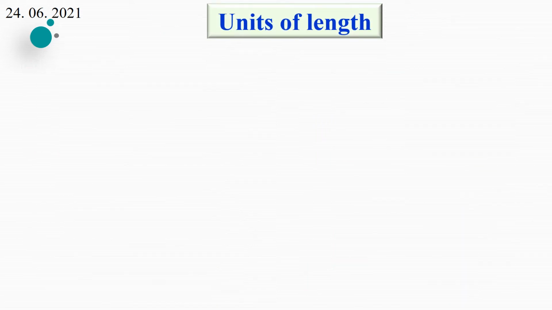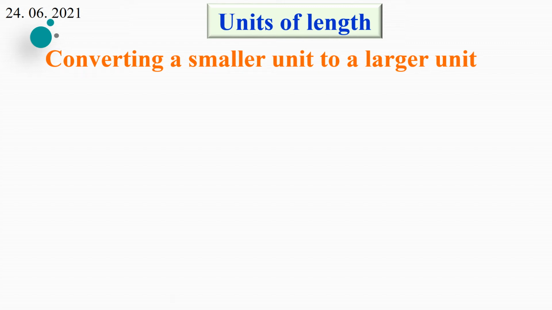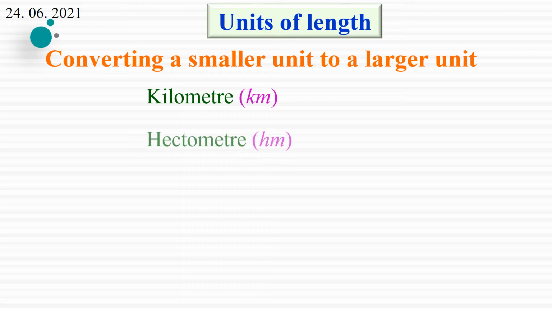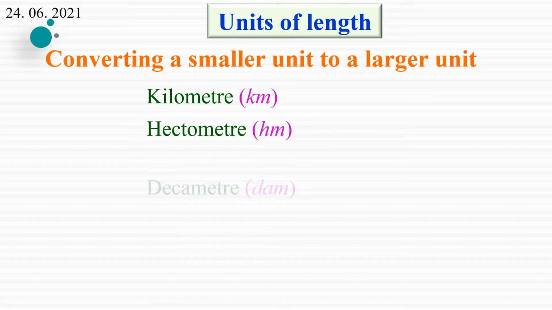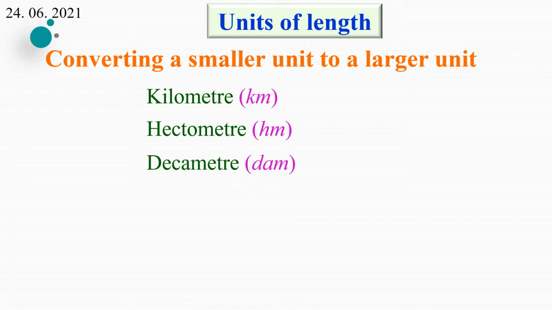Let's see units of length. Converting a smaller unit to a larger unit. The first one is kilometer. The largest unit is kilometer. The short form of kilometer is km. Then hectometer, hm. Then decameter, dam. Fourth one is meter, m.